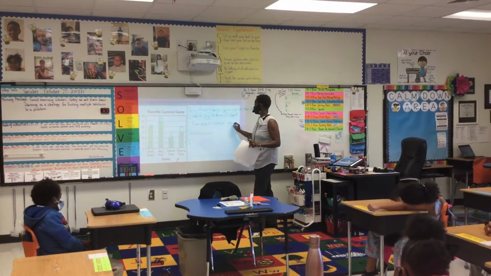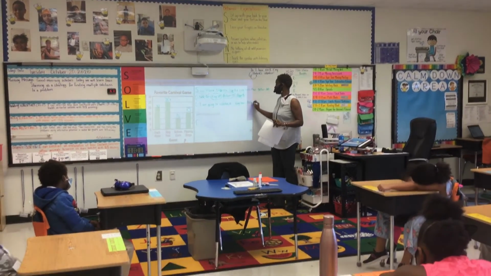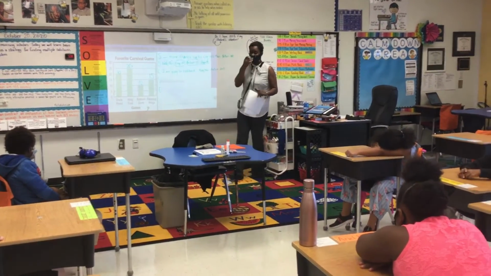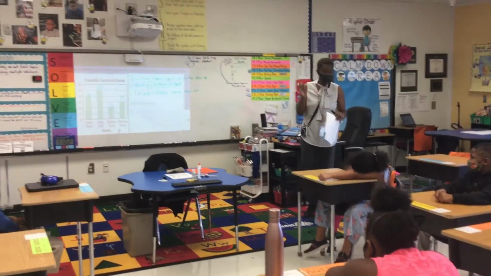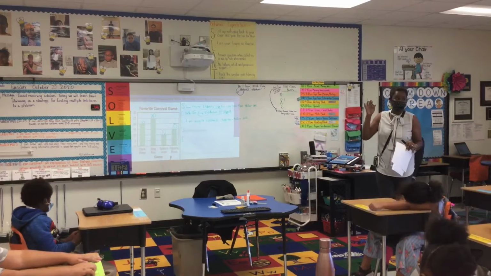Ring toss minus balloon darts. Now keep in mind, I still have not done anything with my numbers. I haven't added anything, I haven't subtracted anything. Right now, I'm just thinking through this problem.